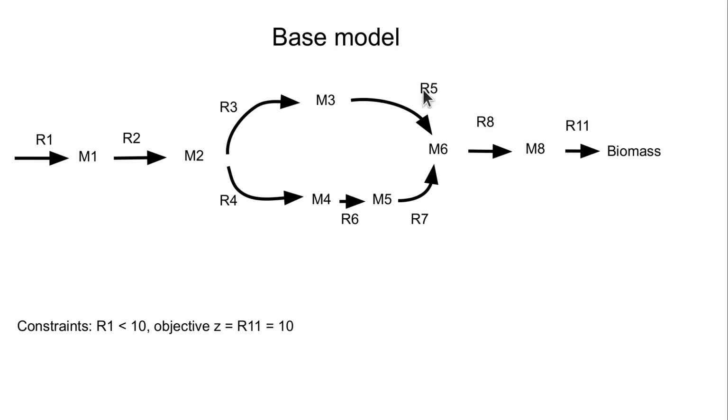Similarly, knocking out R5 is going to knock out the upper pathway just as knocking out R3 did, but the lower pathway is still valid. And in either case, since these are internal fluxes that we don't consider as being constrained, we're not going to have any reduction in what our biomass can be, because what's really constraining our biomass is the uptake rate we get through R1. And so as long as we can have internal fluxes going through, in this specific case, our objective Z will be 10.